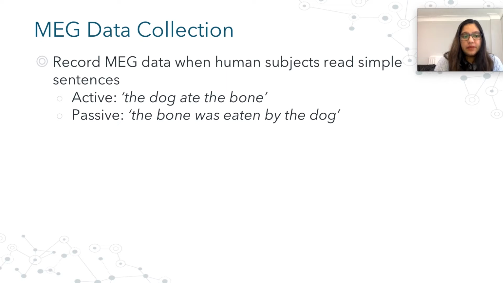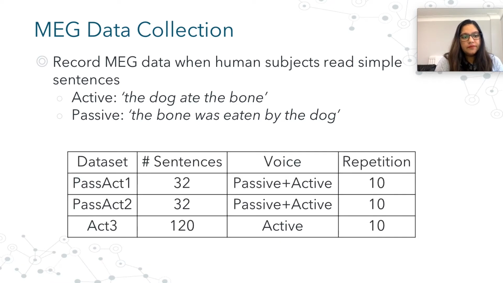In our experiment, we record MEG data when human subjects are reading simple sentences of the form, "the dog ate the bone," and "the bone was eaten by the dog." Simple active and passive sentences. We have three such data sets.